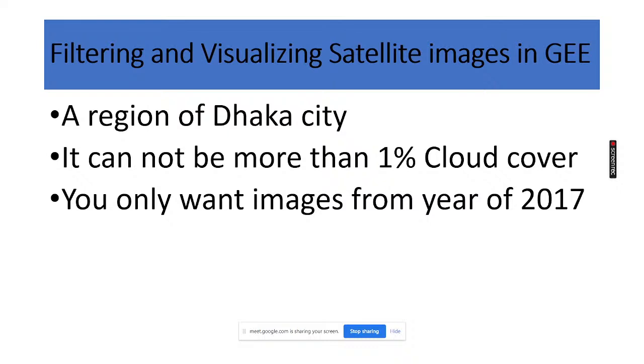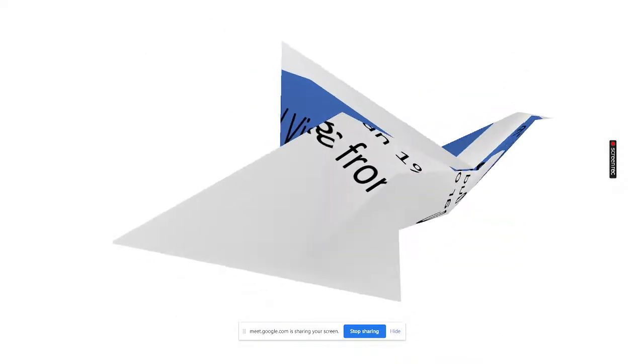It can be cloud cover, it can be cloud cover pixel percentage, and the third factor is a specific time period. I want the satellite image for the year 2017, summer season, rainy season, or any other time period. Okay, so let's go.